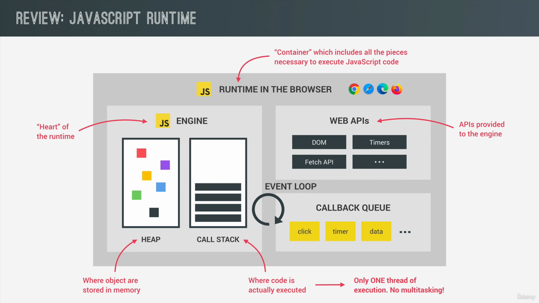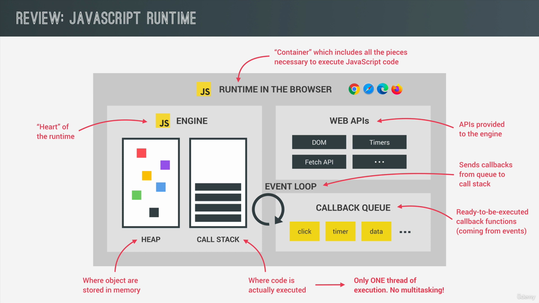Next up, there is the callback queue. And this is a data structure that holds all the ready-to-be-executed callback functions that are attached to some event that has occurred. Finally, whenever the call stack is empty, the event loop takes callbacks from the callback queue and puts them in the call stack so that they can be executed.